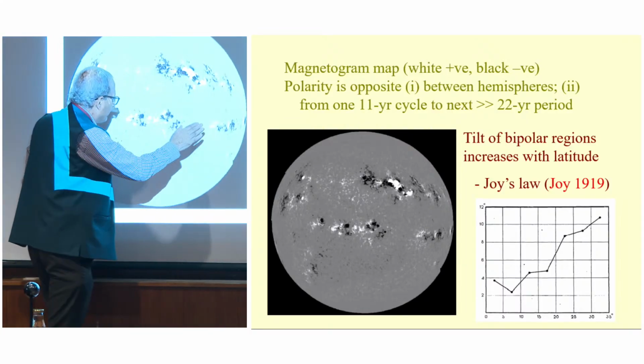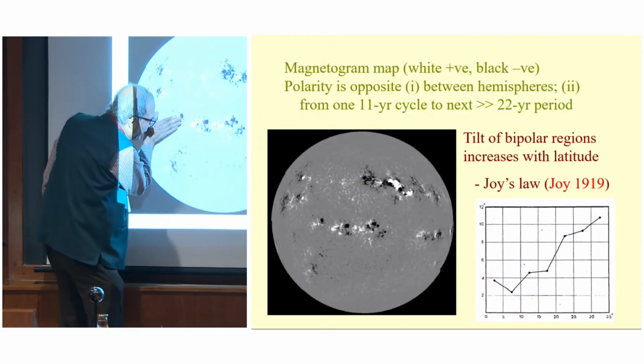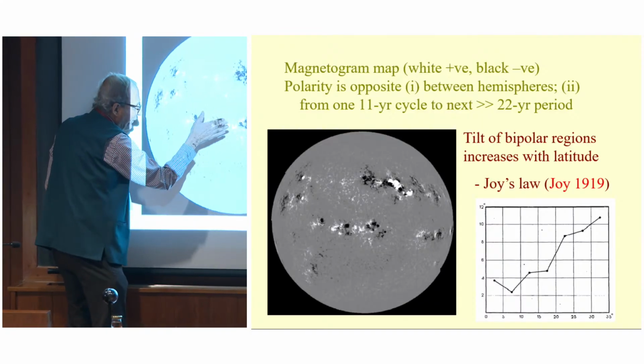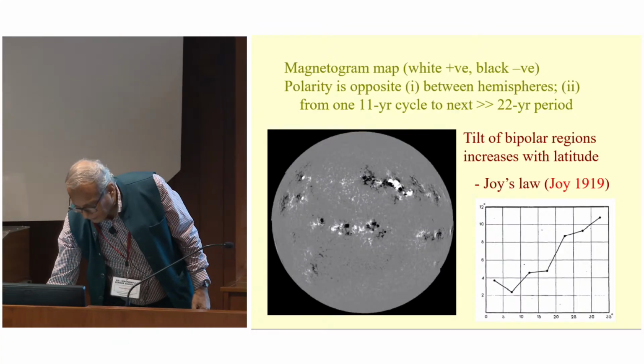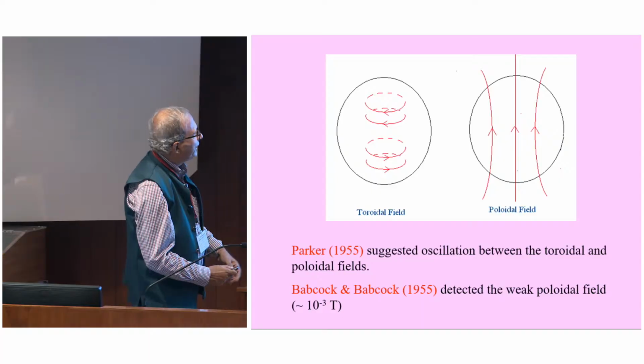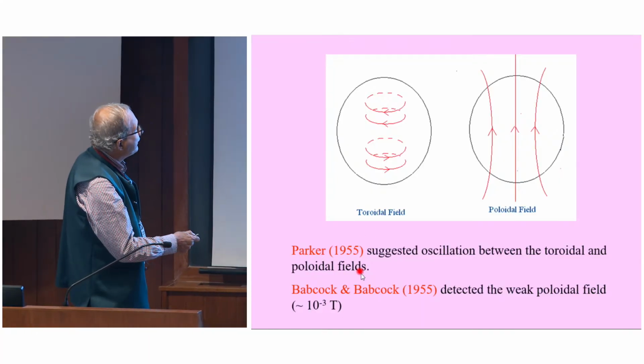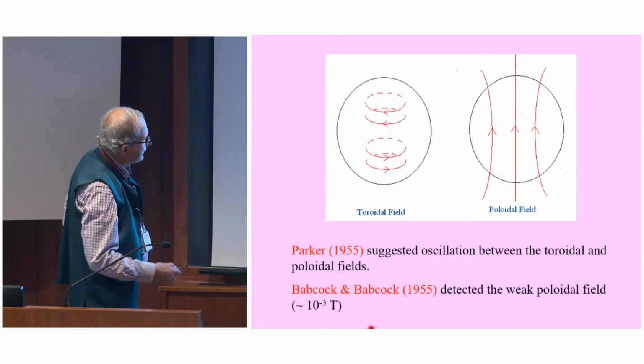And in the southern hemisphere, you would have a magnetic field underneath the surface going in this way. So in other words, you expect that there would be a subsurface magnetic field which would look like this.